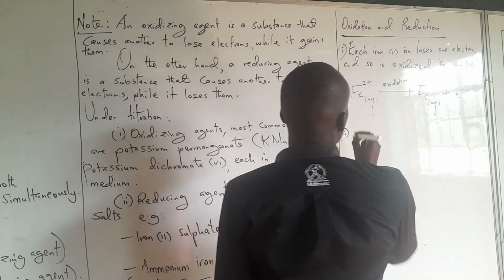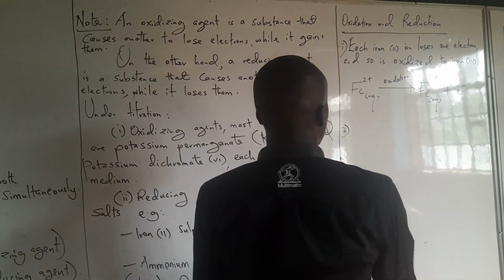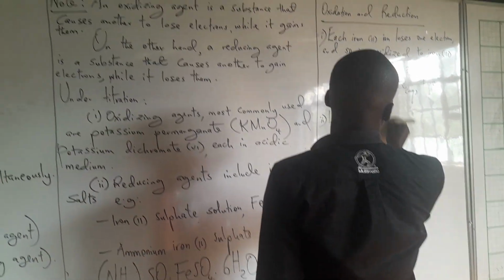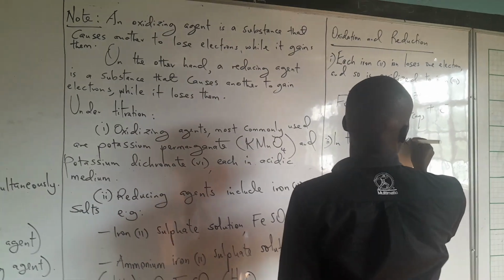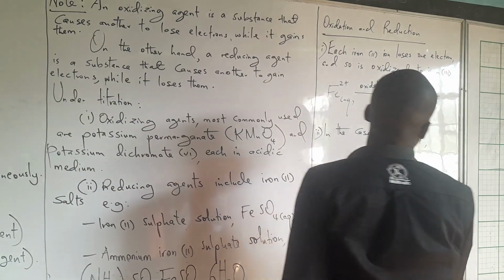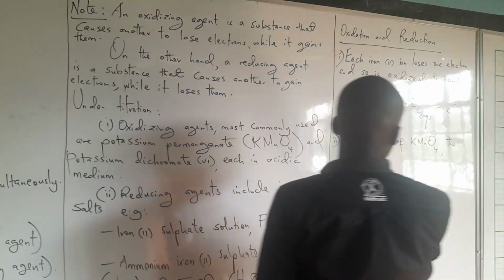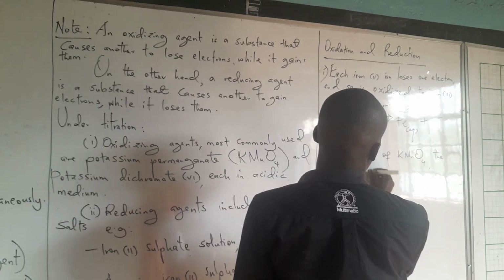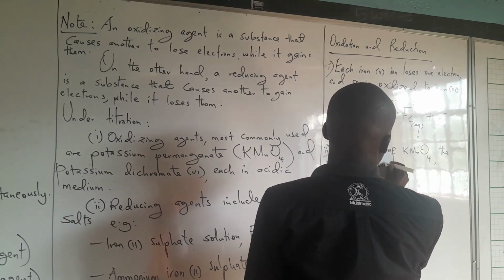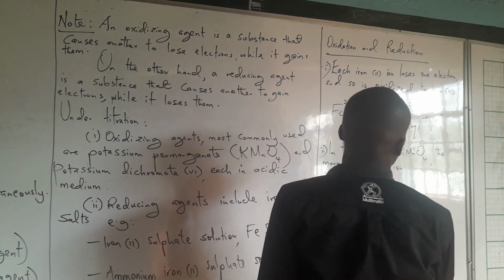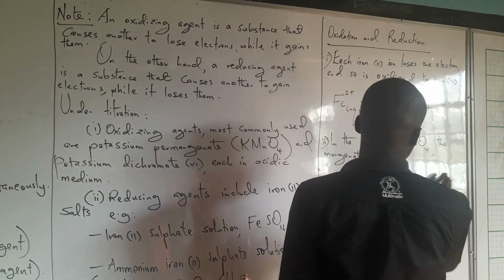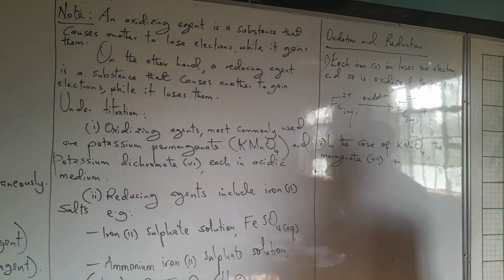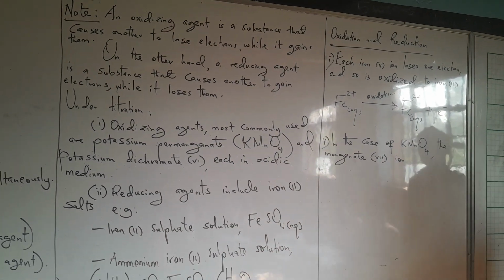Then, in the case of potassium permanganate, the manganate(VII) ion undergoes, is it oxidation or reduction?